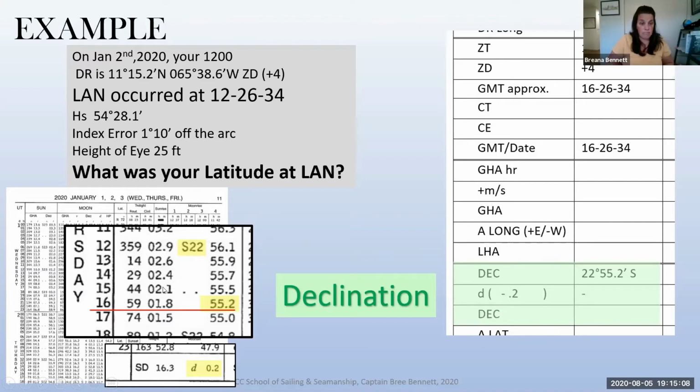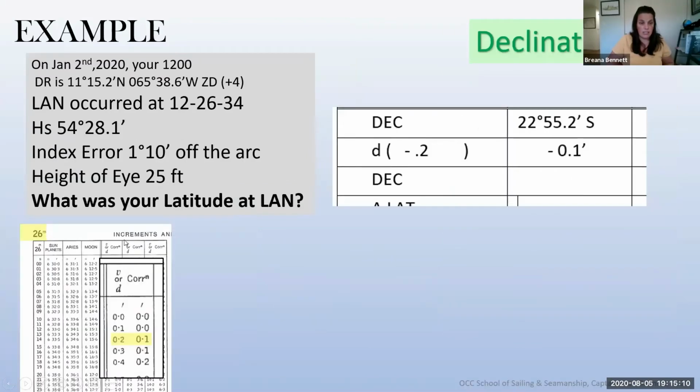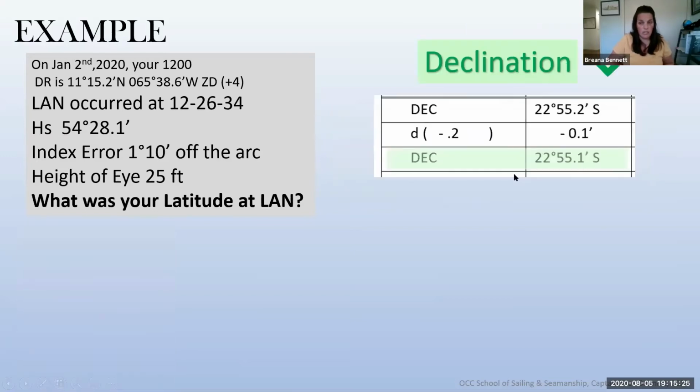Then I flip back to the minutes and seconds. I was at 26:34, so I just go to the 26 page. And I had a 0.2 little d, so my correction is 0.1. So I get a declination of 22 degrees, 55.1 south.